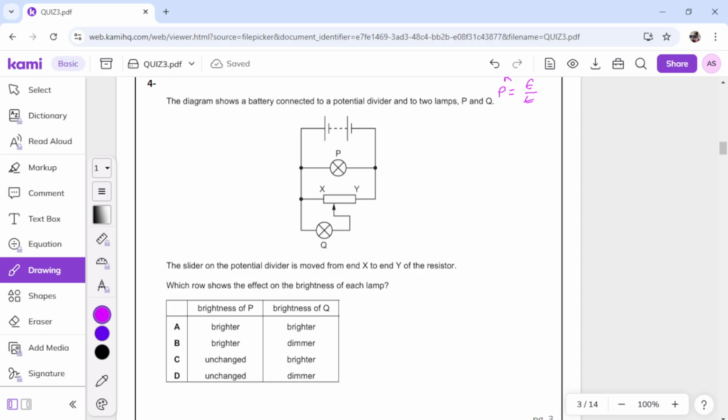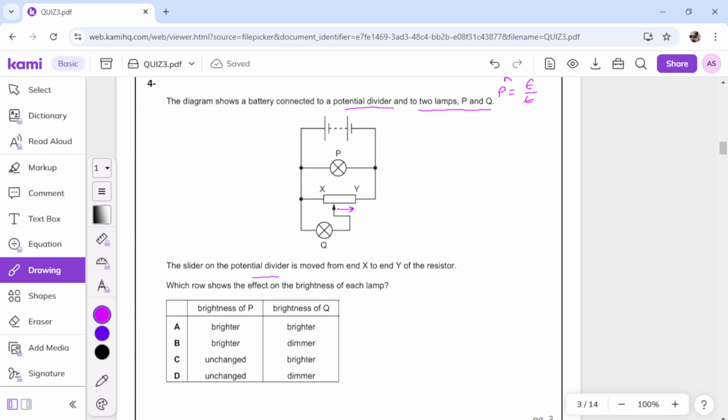The diagram shows a battery connected to a potential divider and two lamps P and Q. The slider on the potential divider is moved from X to Y in this direction. Which row shows the effect on the brightness of each lamp?